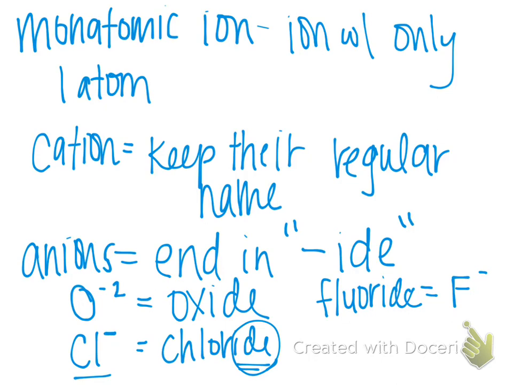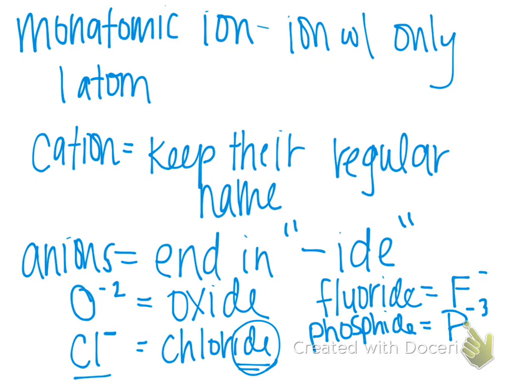So if I asked you for the symbol for phosphide, what would you tell me? It's P. And what's phosphorus' charge? -3. Yep, so we go P -3, just like that.